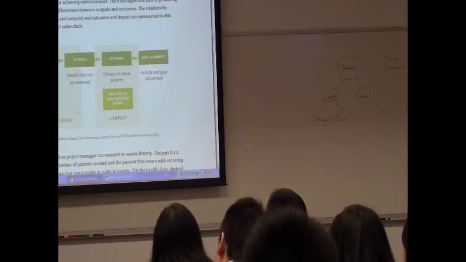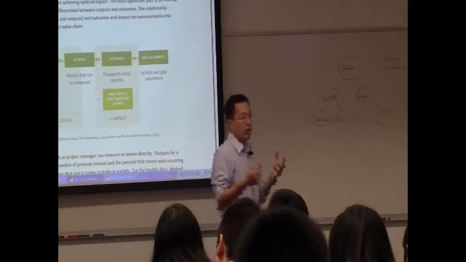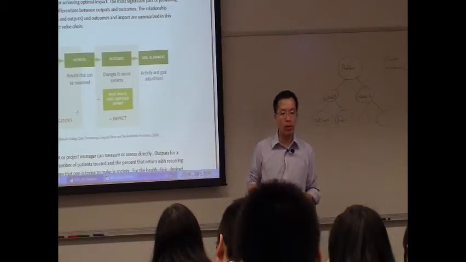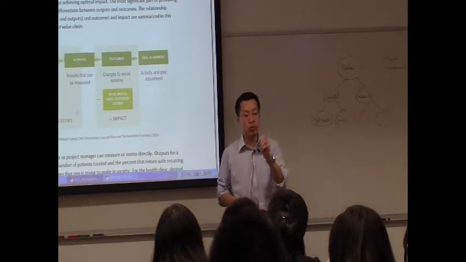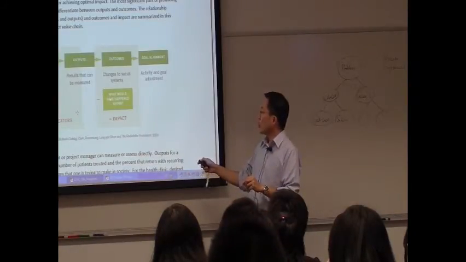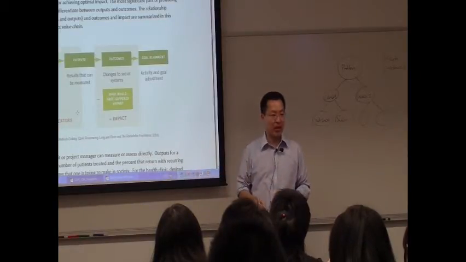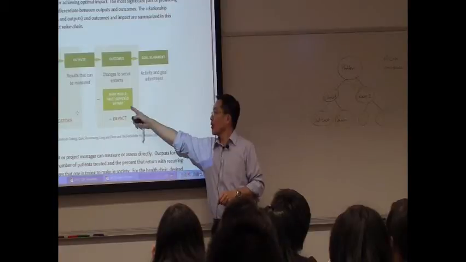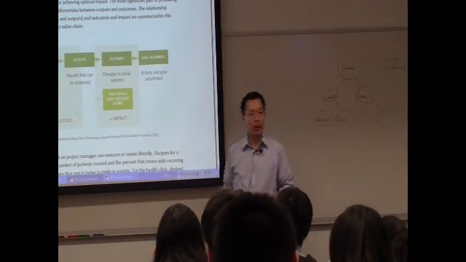And then you have outcomes. From output to outcome means the changes to the social system. Okay. You can make a remark on that. It's the changes to the social system that you bring. So not just the result that can be measured, but the changes brought into the system. And then you net off what would have happened anyway. After that, you deduct what should happen anyway.